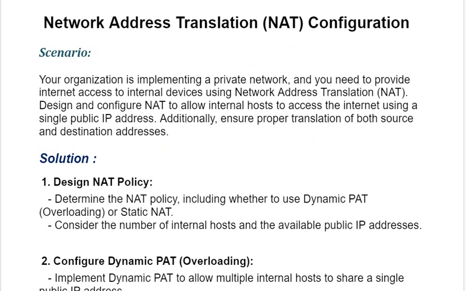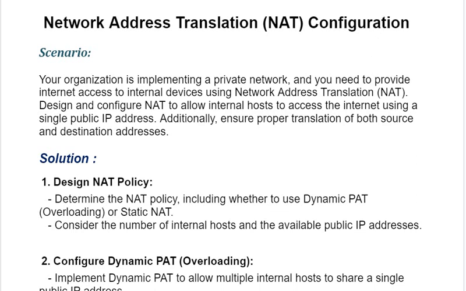Now moving towards the scenario based on the topic Network Address Translation NAT configuration. Our scenario is your organization is implementing a private network and you need to provide internet access to internal devices using Network Address Translation NAT.